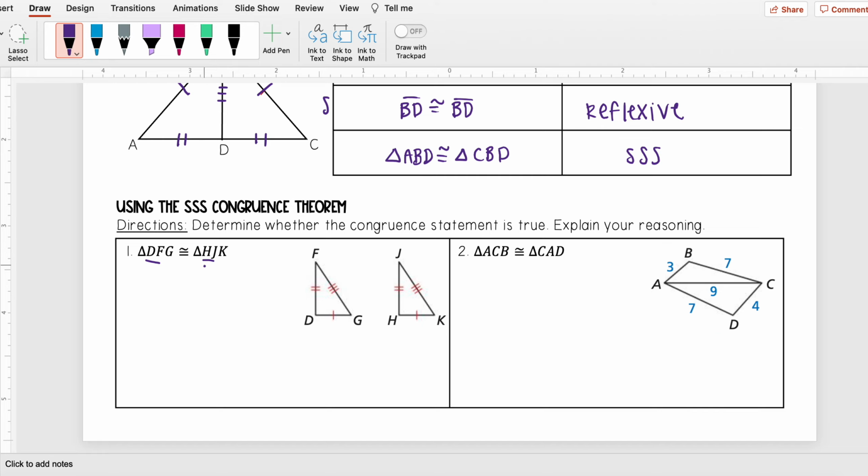HJ also has two tick marks, so we're good there. Now I want to look at FG. So last two letters. FG has three tick marks. JK has three tick marks, so we're good there as well. And so that means that DG has 1, HK has 1, so we're good. So true. We have three pairs of congruent sides.